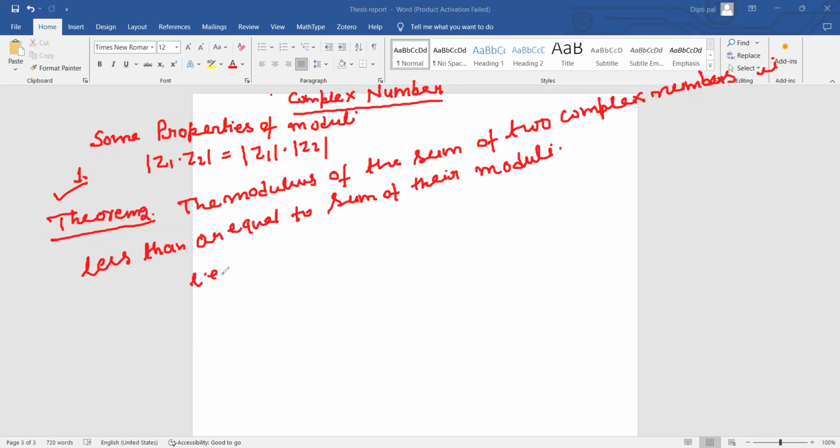That is, modulus of Z1 plus Z2 is less than or equal to modulus of Z1 plus modulus of Z2.